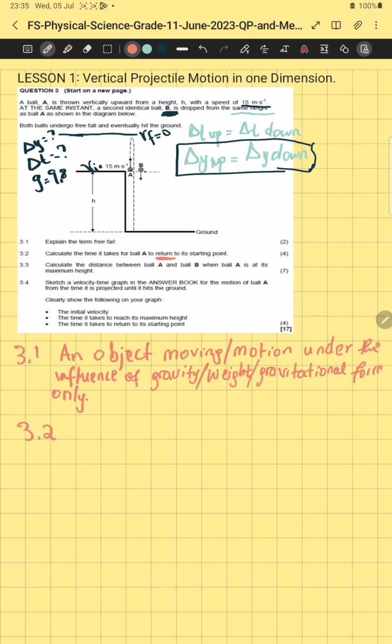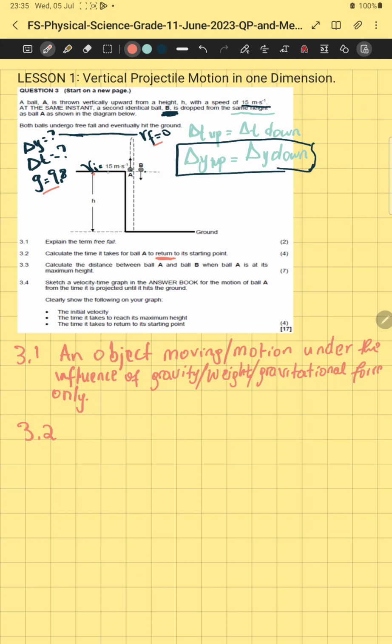What we need to do here is calculate the time from the point where ball A was thrown up to the maximum height. We can get that time because we have the initial velocity and the final velocity, and 9.8 is also constant.